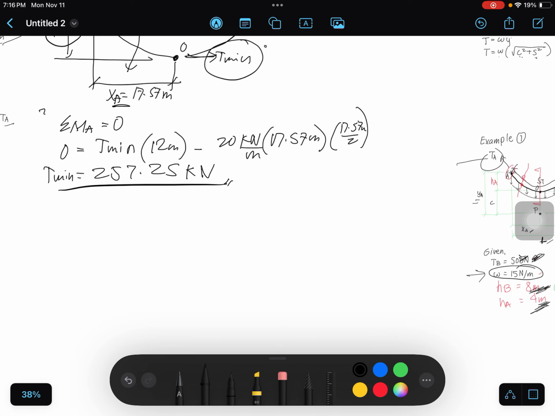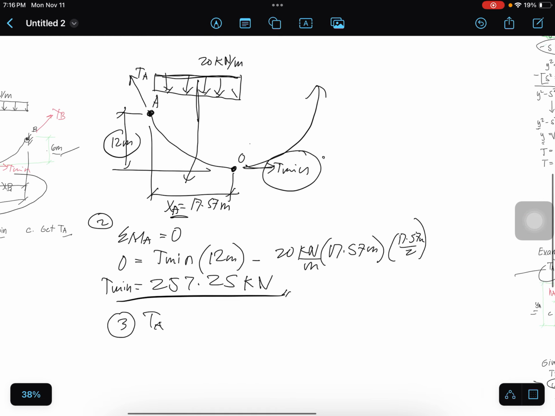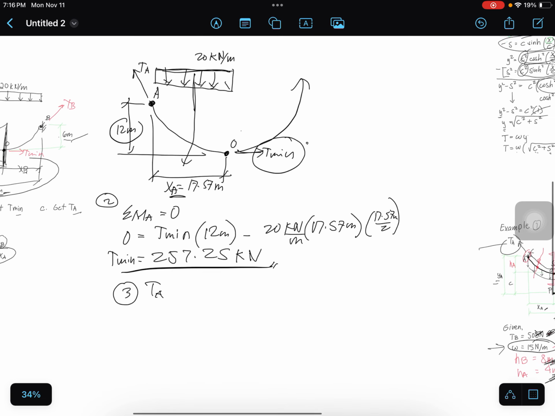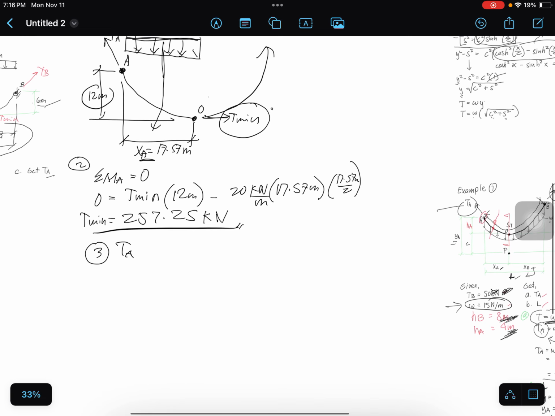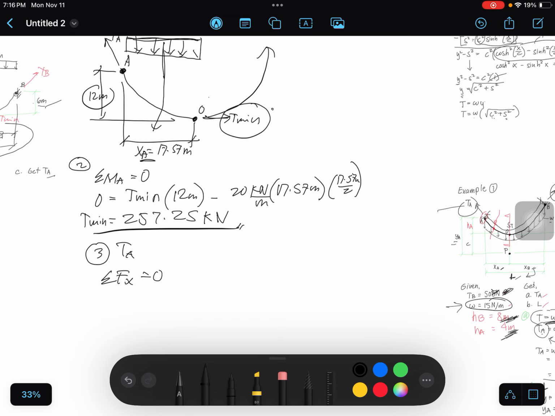Next, this is number 2, no? So, number 3 is TA. Nakuha natin si T-min. So, pwede na tayo mag-summation ng forces along horizontal para makuha natin yung horizontal component ni TA. So, summation of forces along x is equal to 0. Going to the right si T-min, so positive.